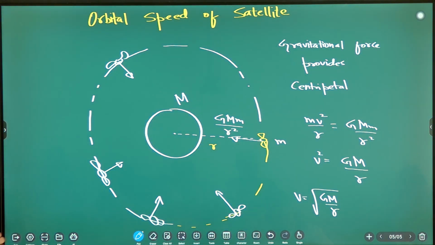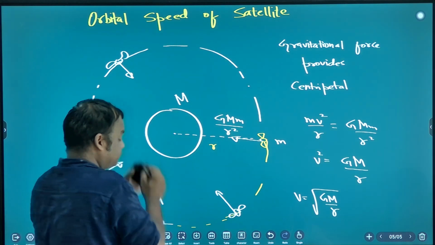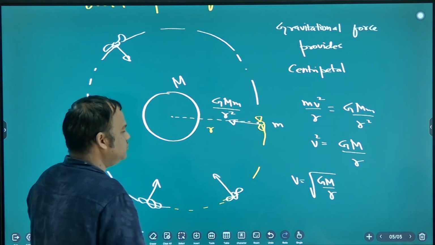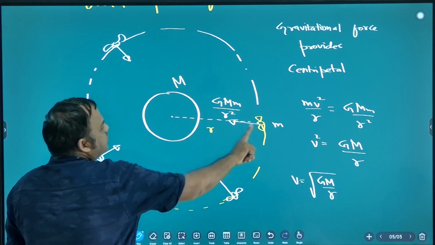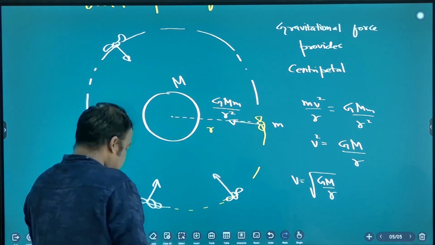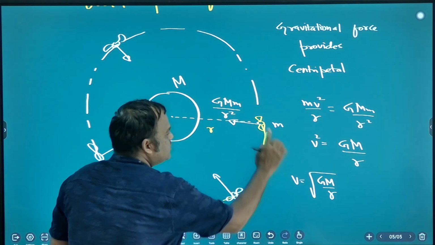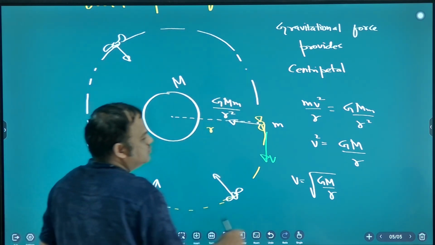Orbital speed of satellite. If the radius of the orbit is r, the speed of the satellite, going like this, is this.